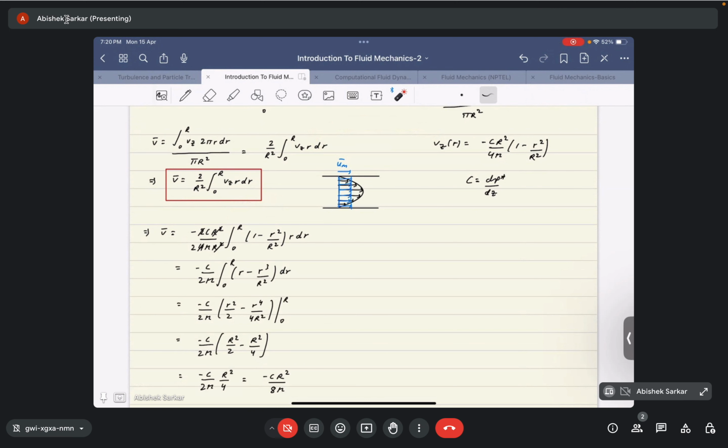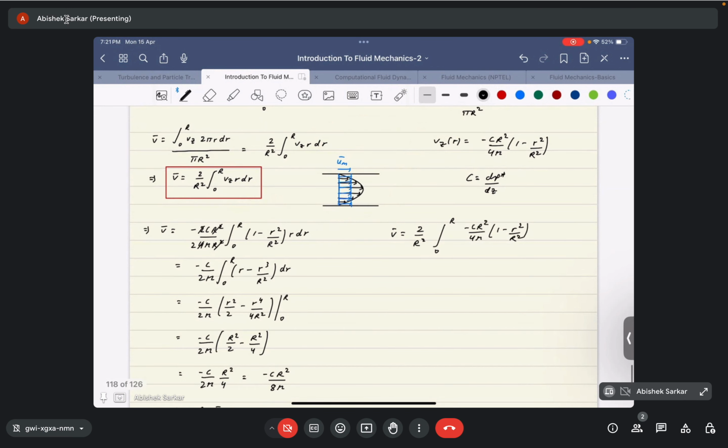If we substitute this in this equation, we can write that v bar will be equal to 2 by R square times the integration from 0 to R of minus c R square by 4 mu times 1 minus small r square by capital R square, into r dr.